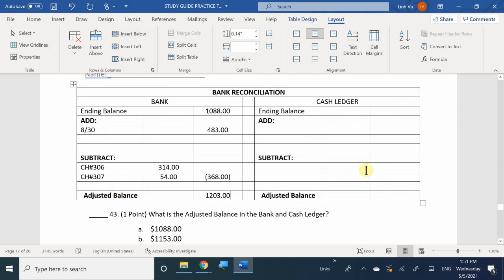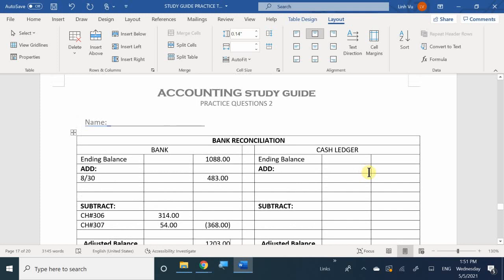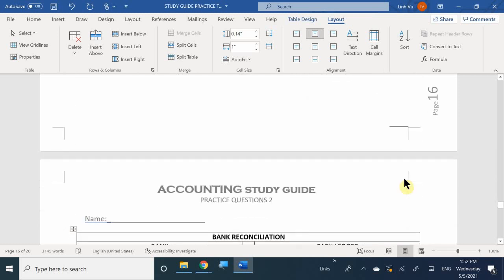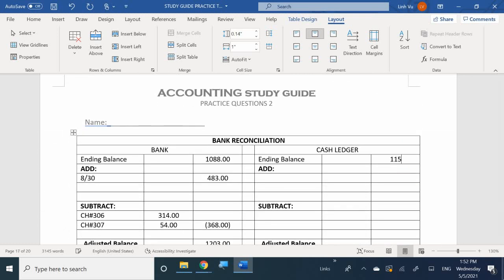So in this case, let's take our cash ledger, right? What is our ending balance in my cash ledger? 1153. Okay. All right. What do I need to add to my checking account? Any ACH and interest charges. Okay, so ACH and interest. So let's go check it out.